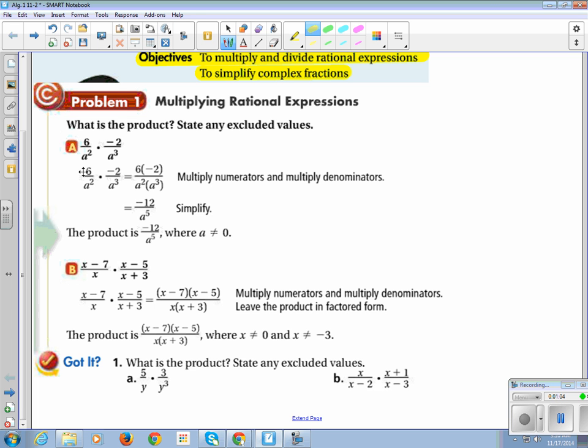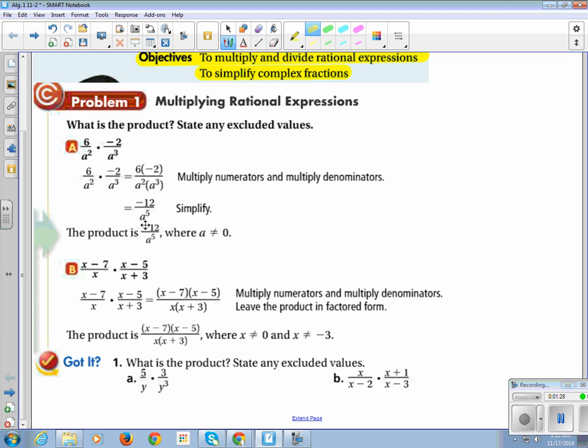So what you do is, just like multiplying fractions of numbers, you multiply the tops together. So in this case it would be 6 times negative 2, and multiply the bottoms together. The hardest part of this is remembering when you have exponents, you add the exponents together. So in this case we get negative 12 over a to the fifth.